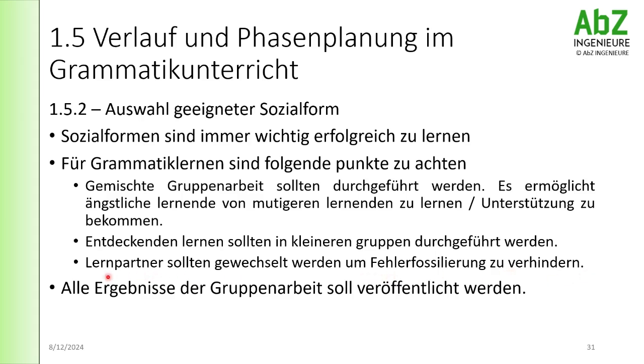So to prevent that, you always change the Lernpartner. Finally, always discuss all the results of the Gruppenarbeit in public or in the open so that everybody knows what is right and what is wrong and how the other group has worked on the particular task.